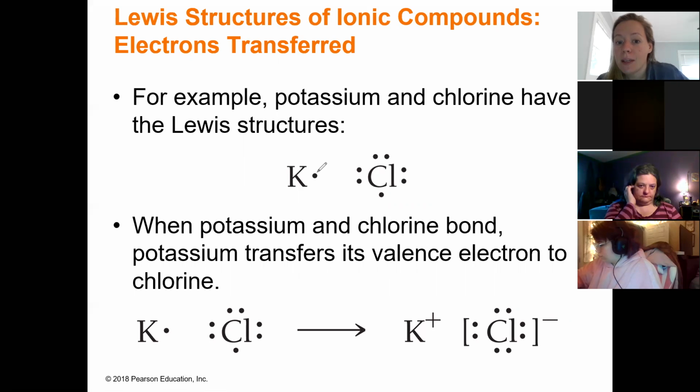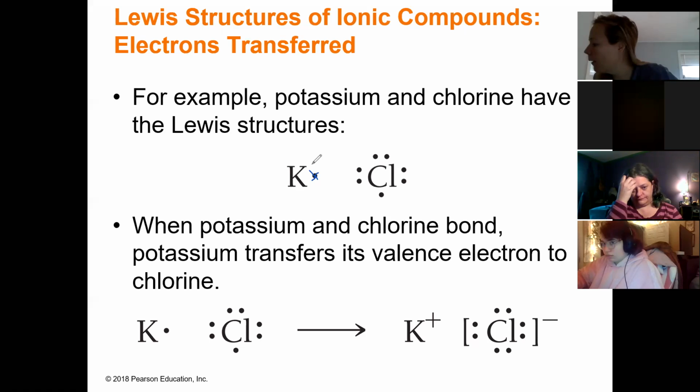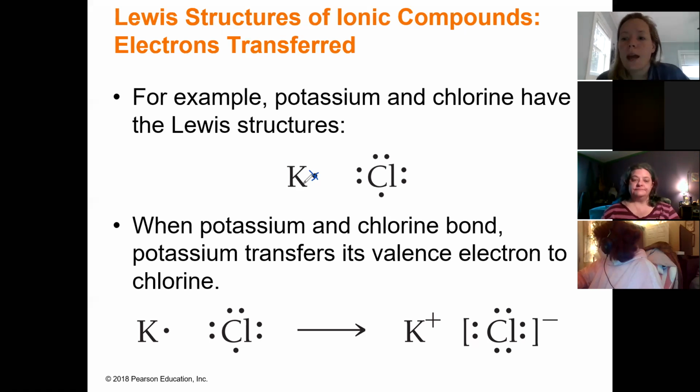If this potassium gets rid of this electron, it will have a complete shell on the previous row. Potassium will have the configuration of argon. Now that electron doesn't just disappear, it gets transferred and filled in over here. Now chlorine has a complete shell, and chlorine is behaving more like argon.